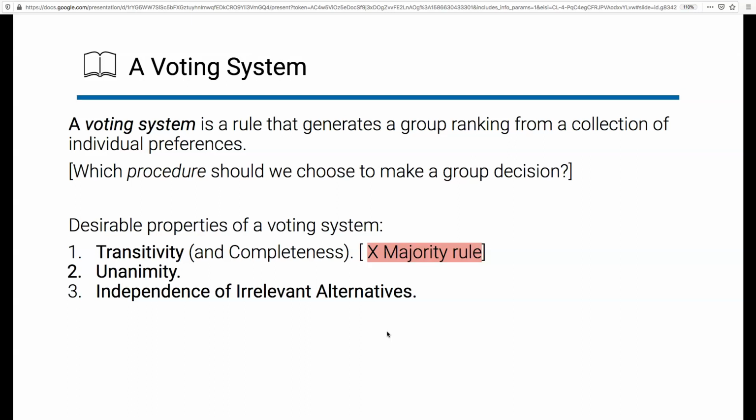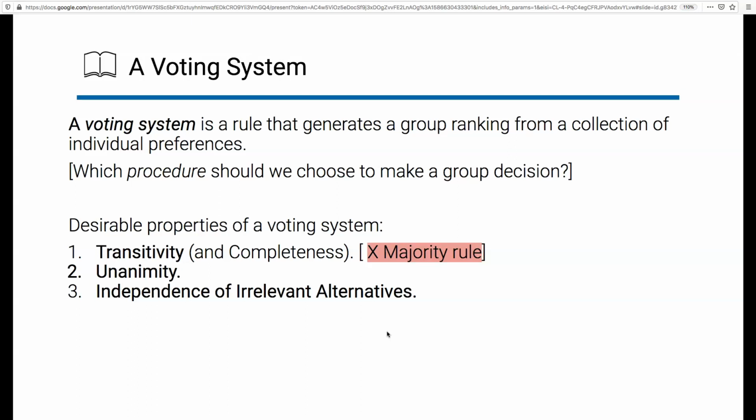Recall the example from the previous video when three individuals choose over three alternatives, and each alternative beats another in a pairwise comparison, and so transitivity is violated. The group ranking has a cycle in it. And so that's a problem with the majority rule. It does not satisfy transitivity in all cases.